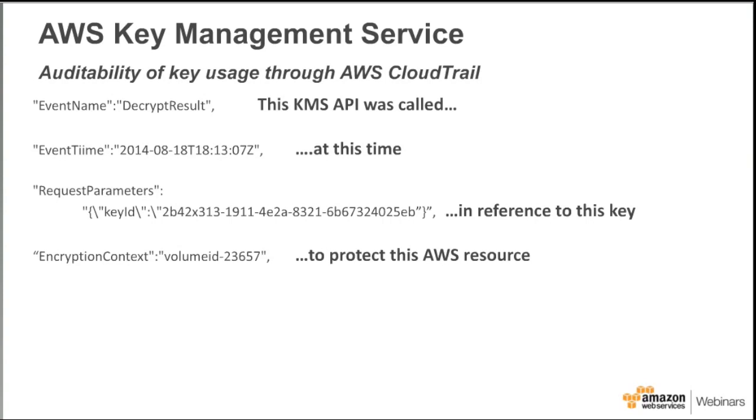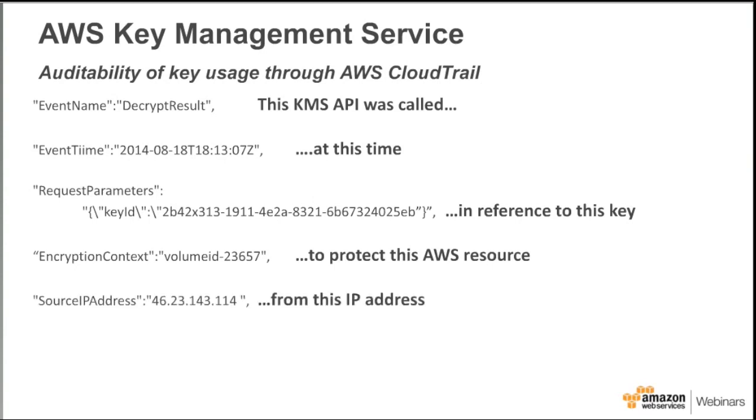So we include metadata. In this case, this is a volume ID, so that you know that this key was used by the EBS service or EC2 service in response to a request to decrypt a volume, which means that volume was attached to an instance, and the decryption key was made available to the instance so that all I/O could be decrypted off of that disk and re-encrypted when written to disk.